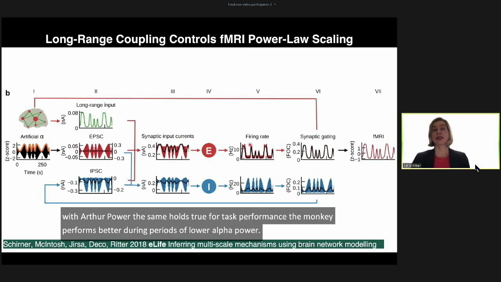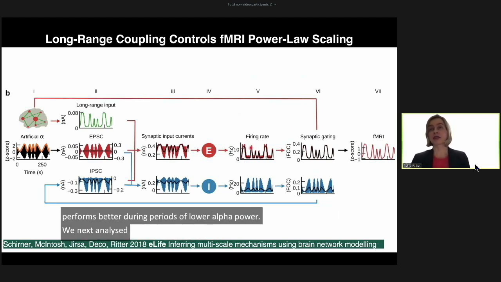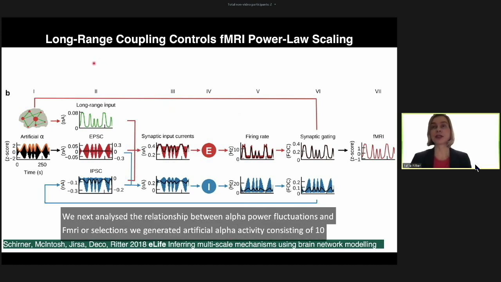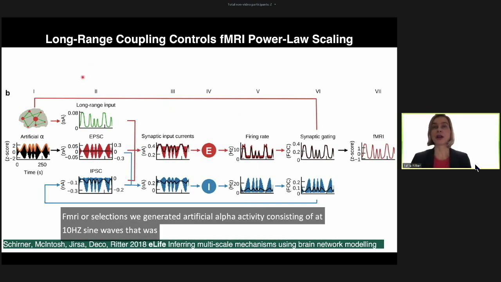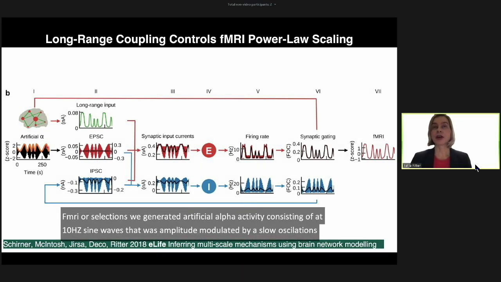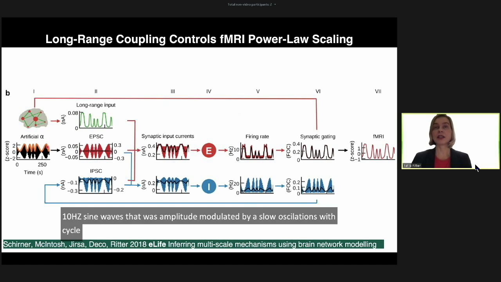We next analyze the relationship between alpha power fluctuations and fMRI oscillations. We generated artificial alpha activity consisting of a 10 Hz sine wave that was amplitude modulated by slow oscillations with cycle frequencies between 0.01 and 0.03 Hz.